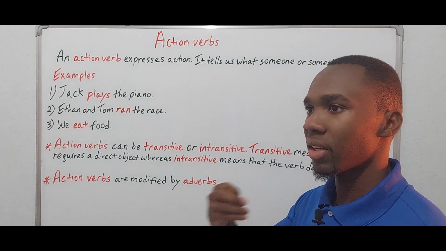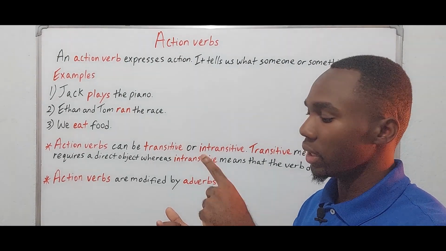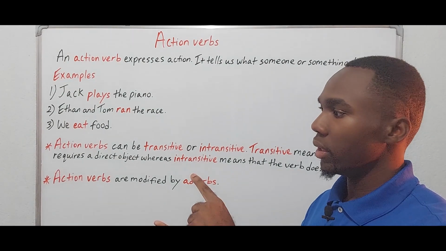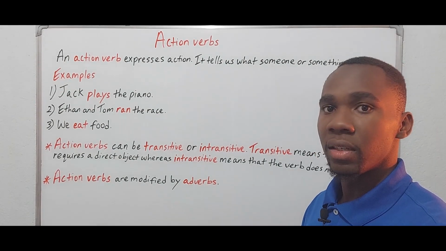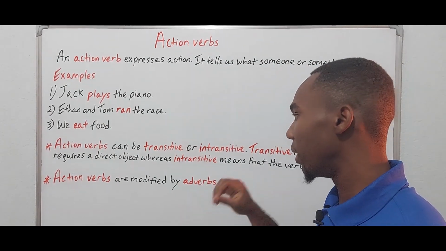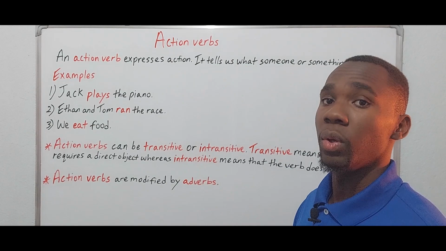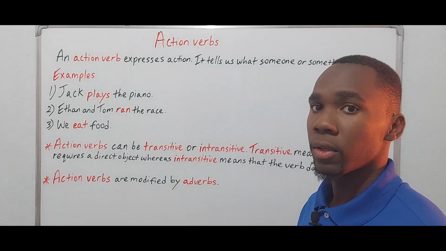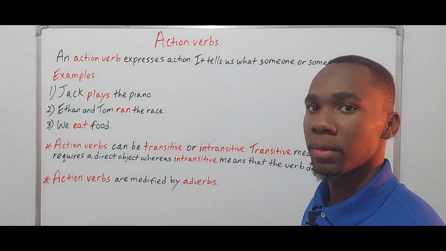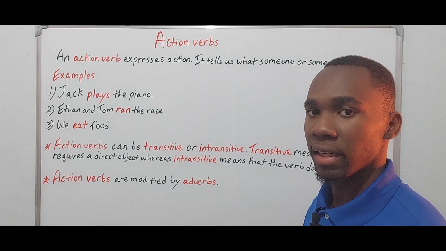They describe some element of an action, whether it be the time of the action, the place of the action, the degree, the frequency, etc., right? So action verbs are modified by adverbs. So if we want to add more information about an action verb, we will use an adverb, okay? So this is an action verb, and now we are going to proceed to linking verbs.